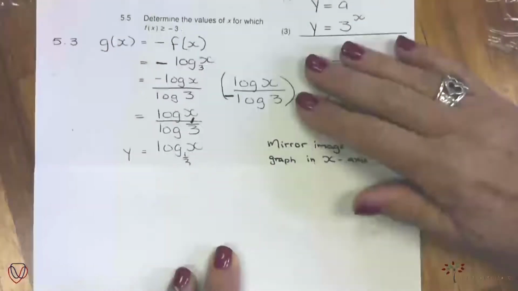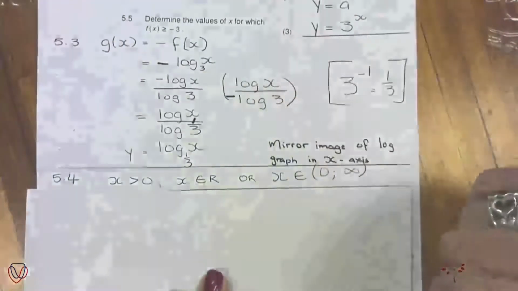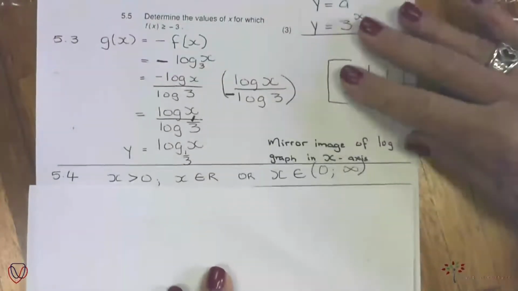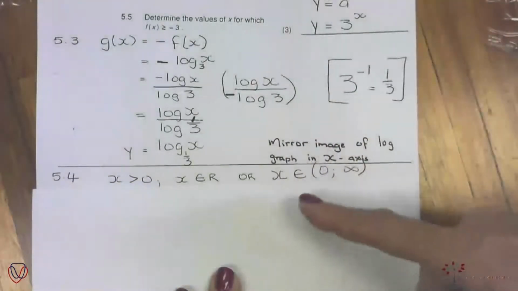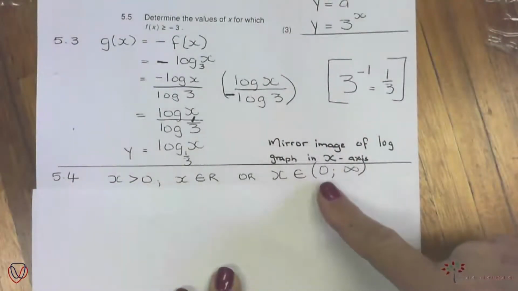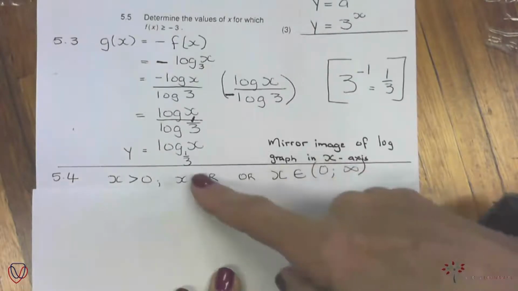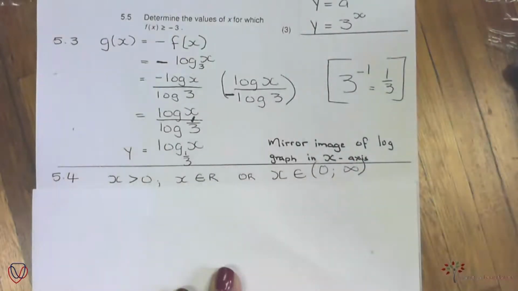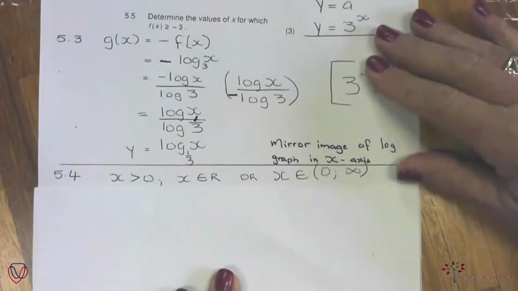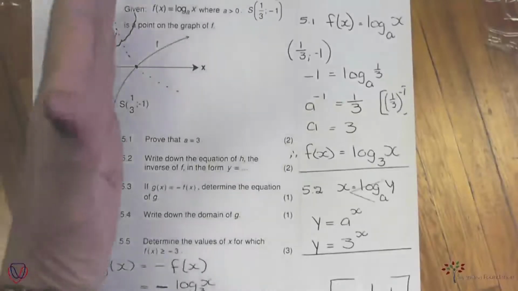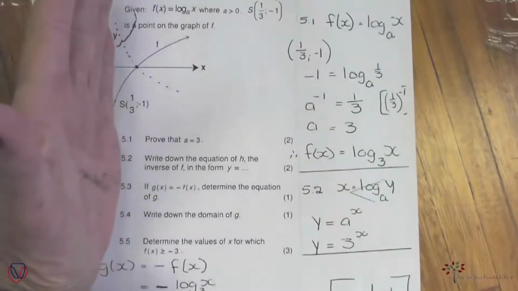X larger than 0. Not equal to 0, because equal to 0 won't work. X an element of R, or you can say X is an element of 0 going up to infinity. You can write it in either one of these forms. Okay? That is the domain. The domain, I want to repeat it again, is the x values that the graph occupies.